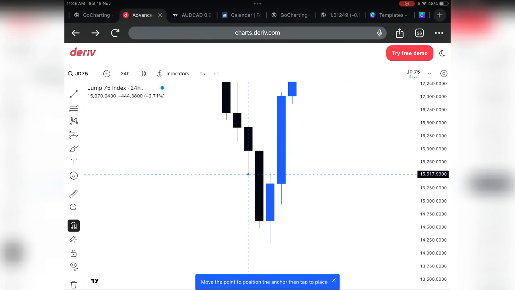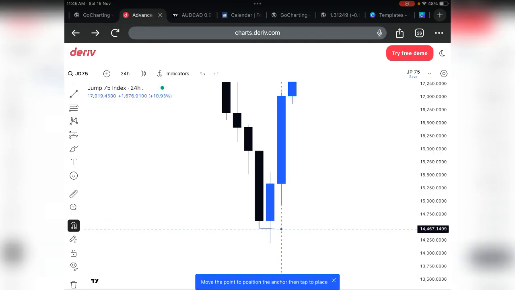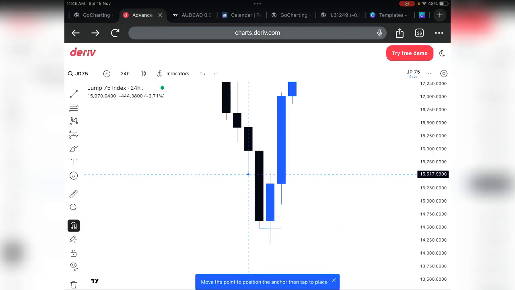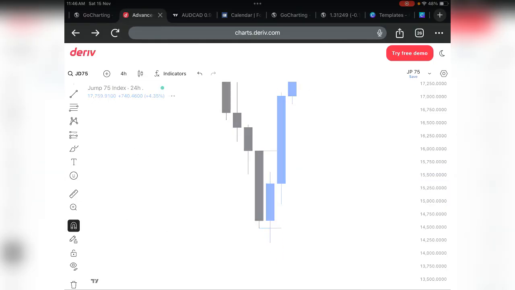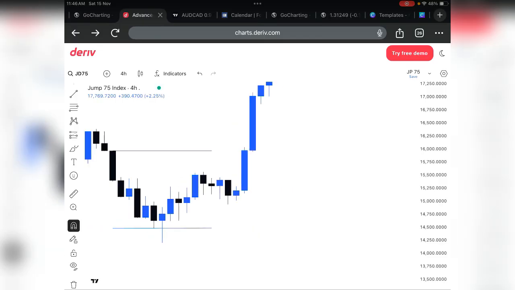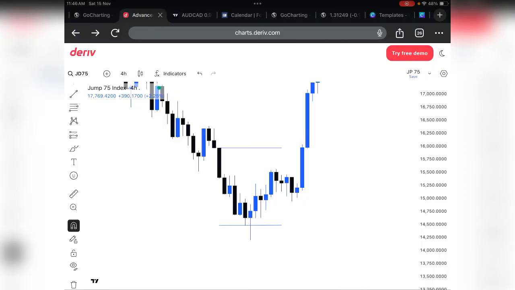So let me mark out the high again. Alright, so let me go to the 4 hours. Sometimes I use the 8 hours and the rest. Now, one thing you should also take note of is breakout structure.